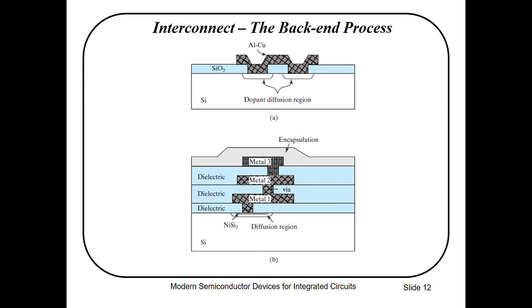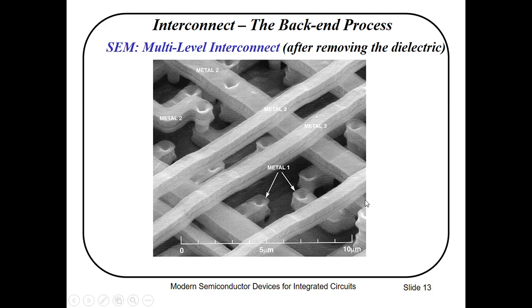So let's go to the next slide. In the next slide we have a scanning electron microscope image of multi-level interconnects. After removing the dielectrics, you can see this whole process. So this is basically multi-level interconnects.